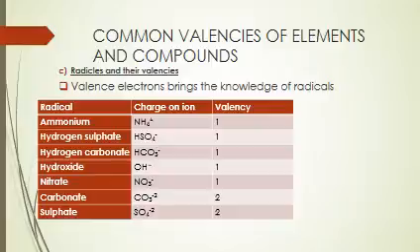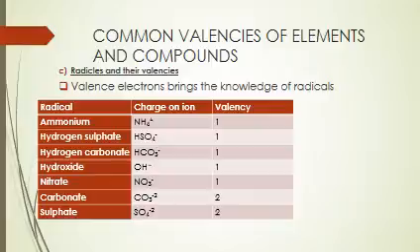So without memorizing all the radicals we have, you can work out the valence of a radical. For example, let's take ammonium. You see ammonium has a valence of 1. So how can we work it out? Ammonium has 2 elements, nitrogen and hydrogen, so we can work out the individual valences.